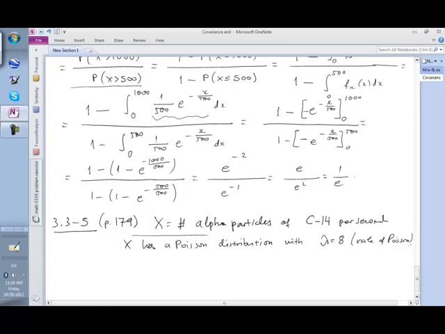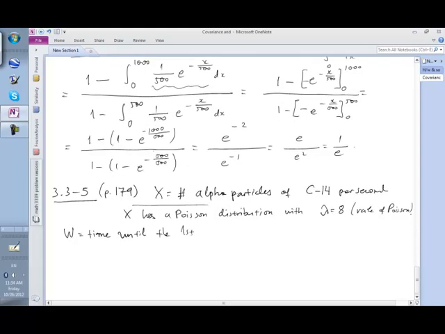So with this rate, I want W to be the waiting time until the first arrival of a particle at the Geiger counter.